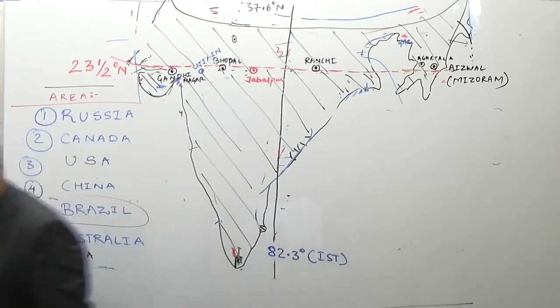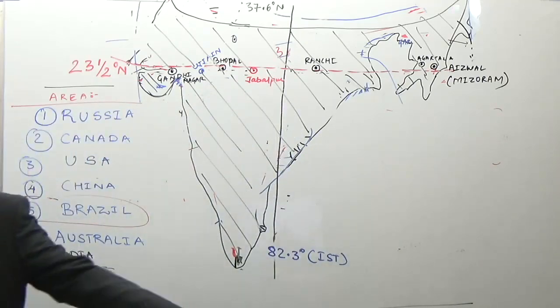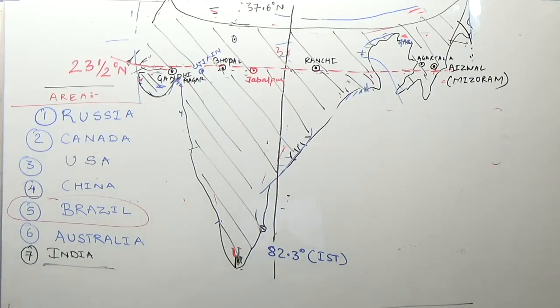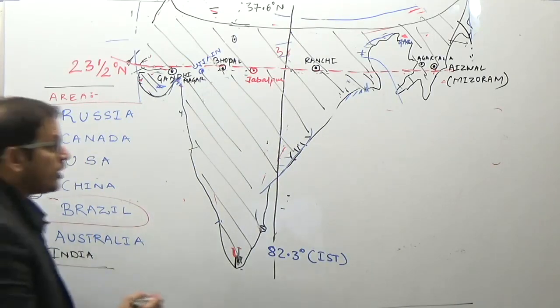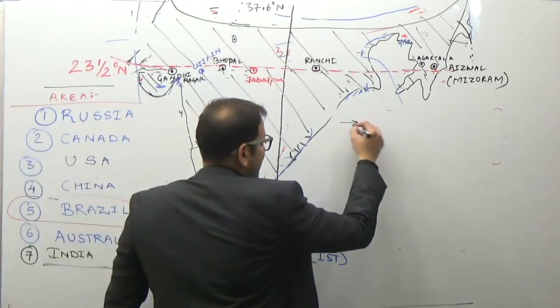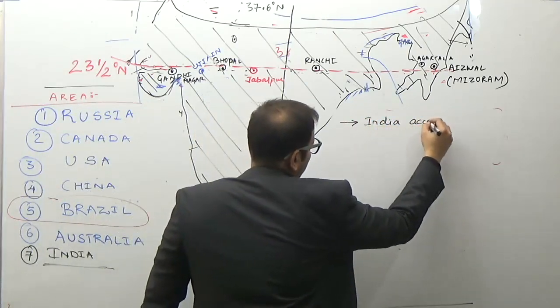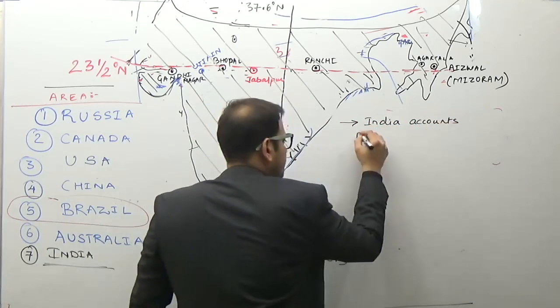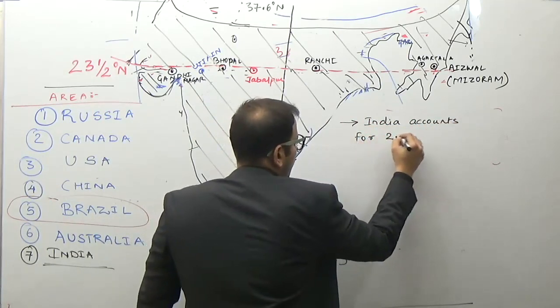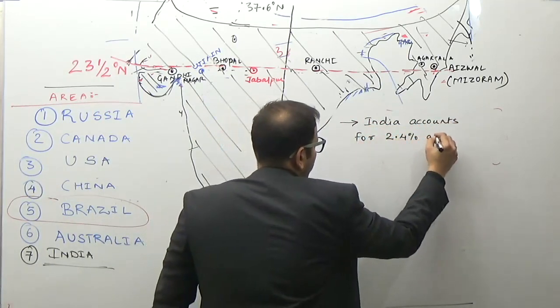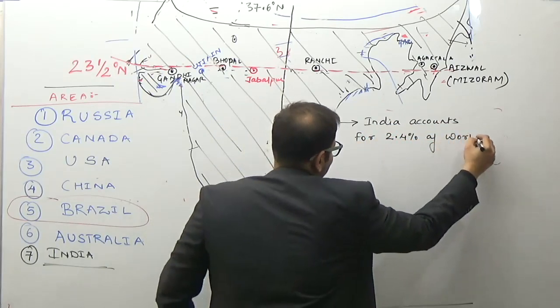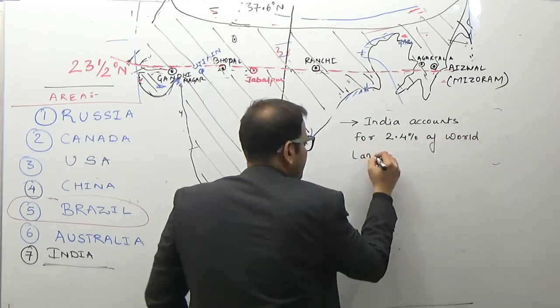Now India, which is the seventh biggest country in the world, accounts for 2.4% of the world's land area.